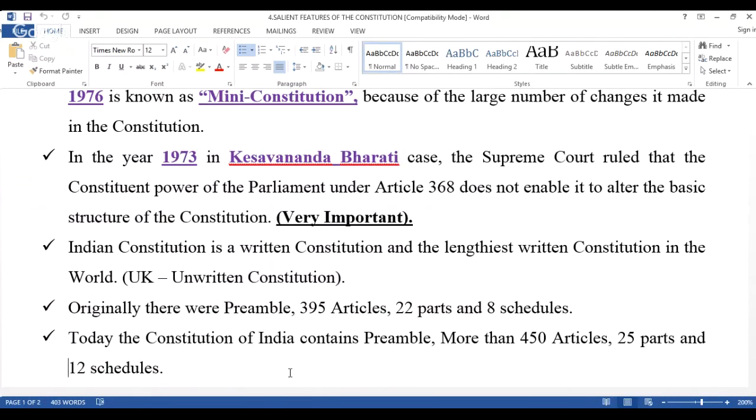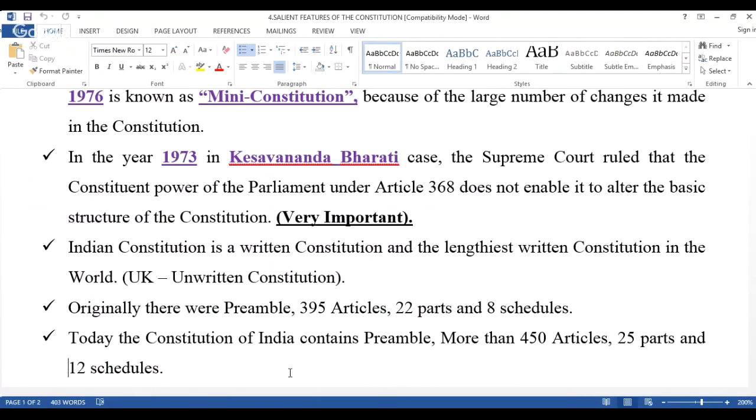In the year 1973, in the Keshavananda Bharati case, the Supreme Court ruled that the constituent power of the Parliament under Article 368 does not enable it to alter the basic structure of the Constitution. Just remember this, very, very important.